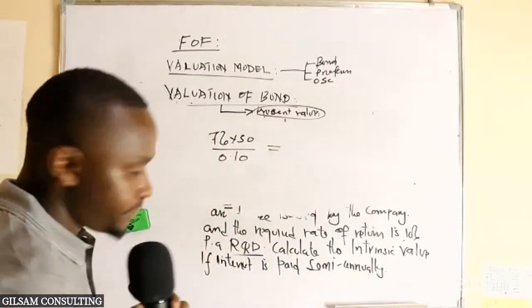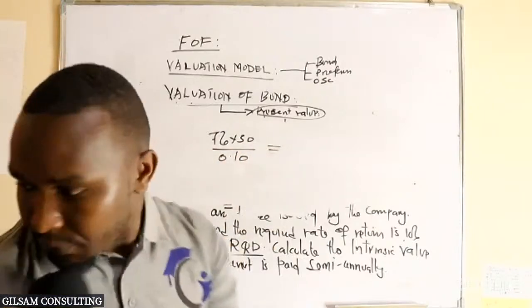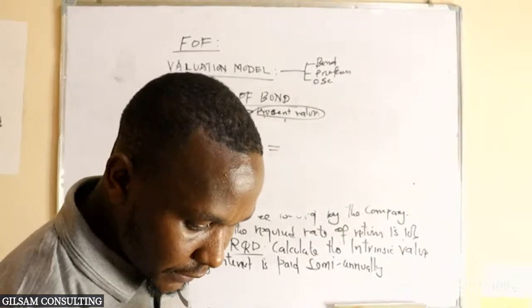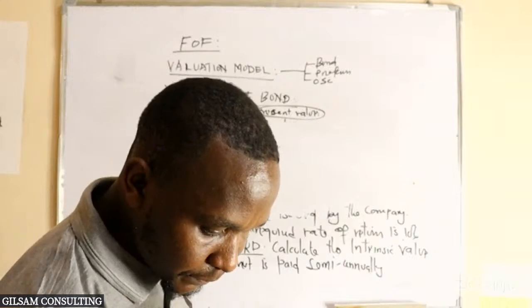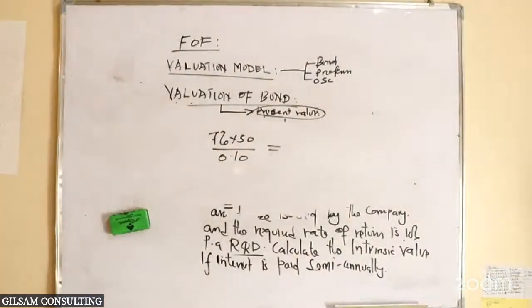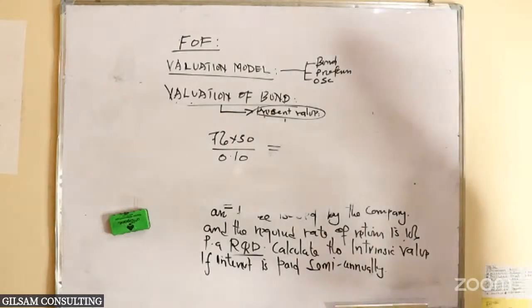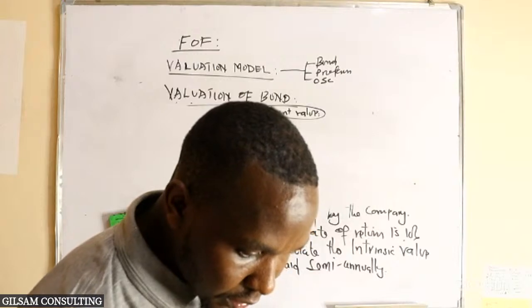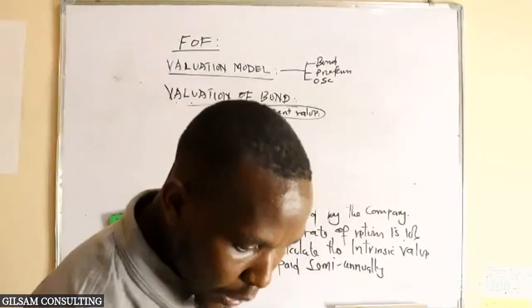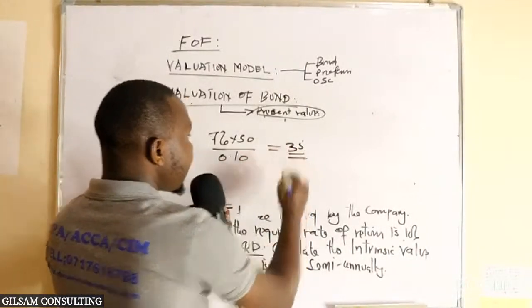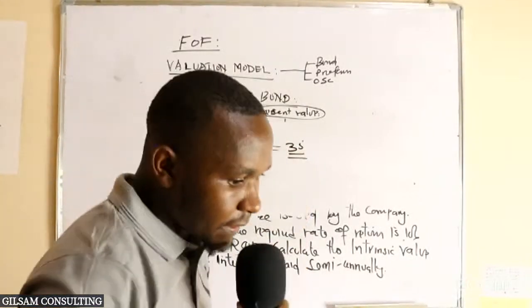Tutapata ngapi? 7% of 50 ni ngapi? 3.5. We divide by 0.1. So we're getting 35 shilling.